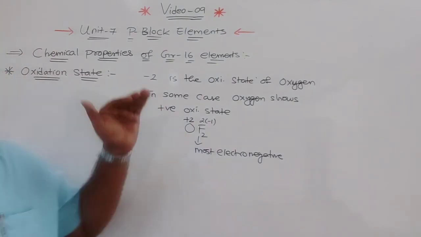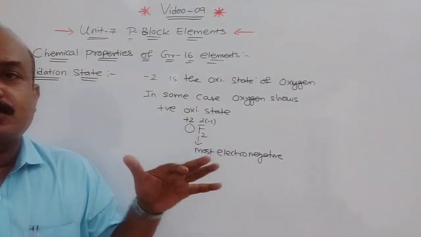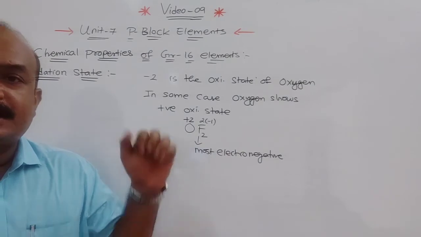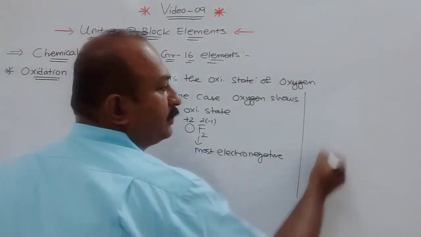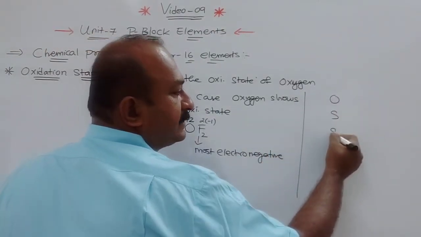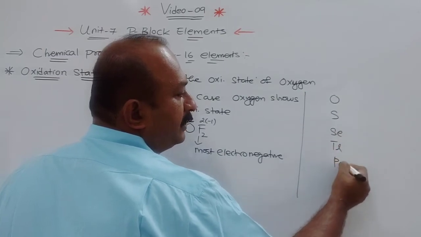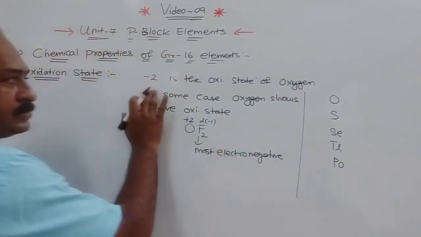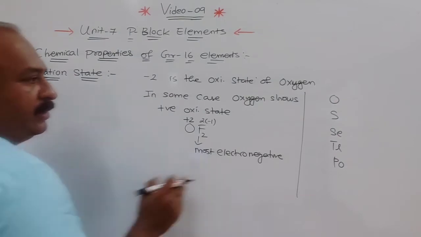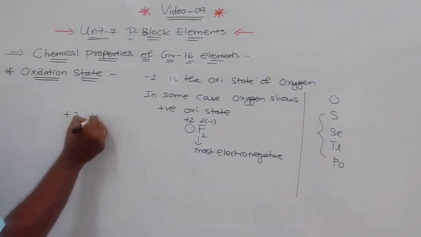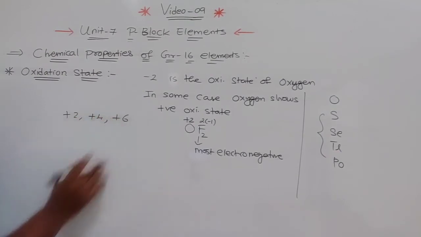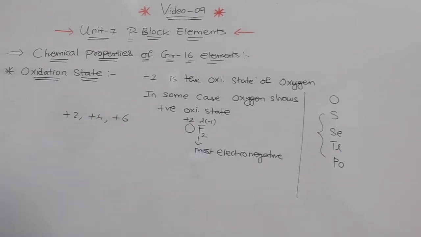Understood this part? Down the group, the stability of the -2 oxidation state decreases. Now, among the elements of the group, oxygen, sulfur, selenium, tellurium and polonium, oxygen shows -2 and +2, while the other elements show +2, +4 and +6 oxidation states.